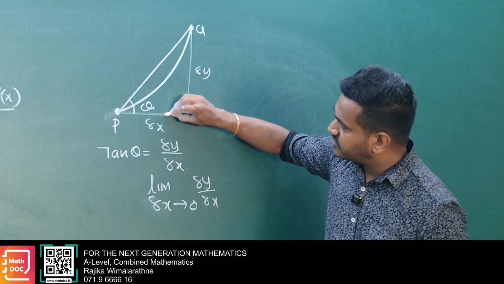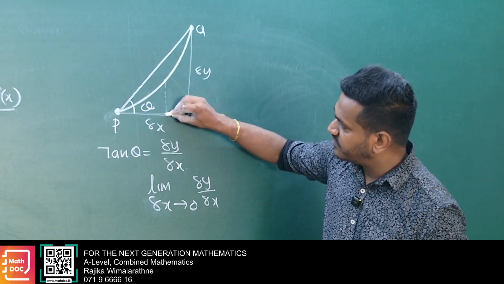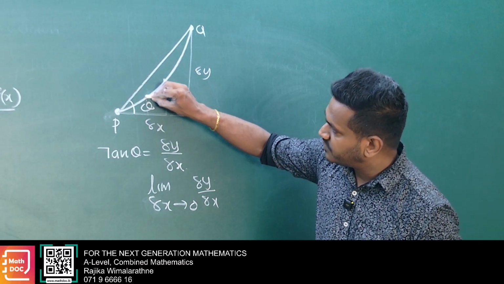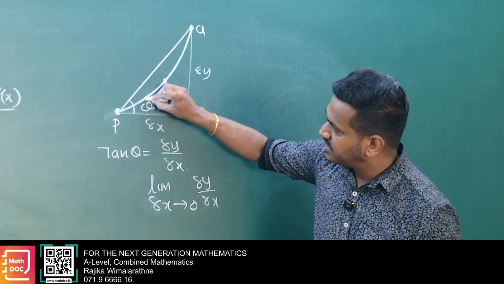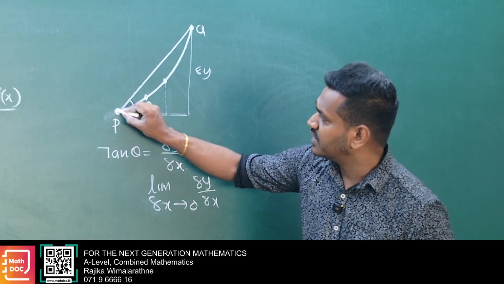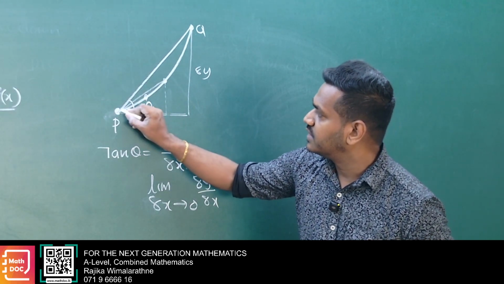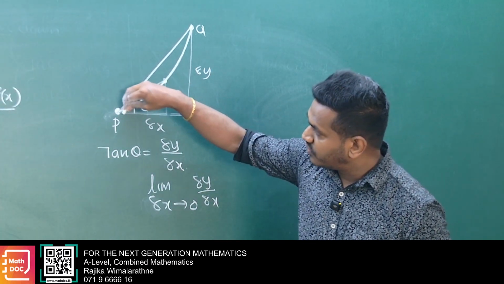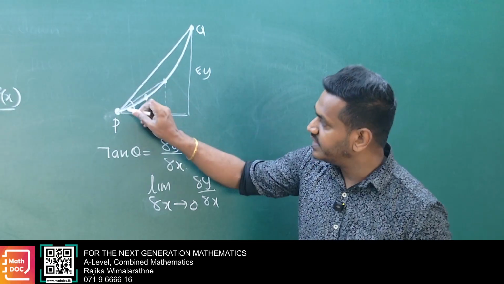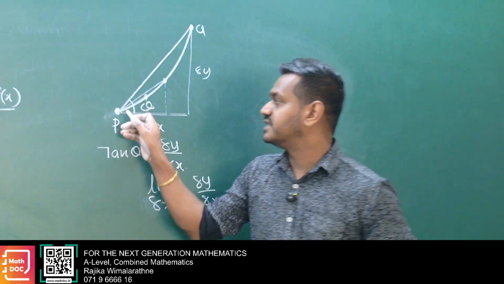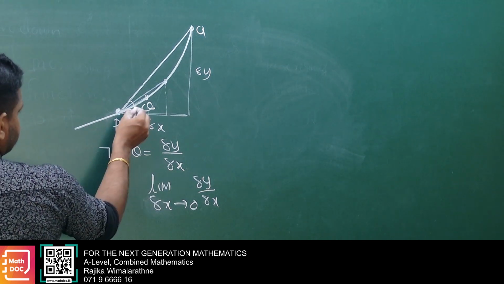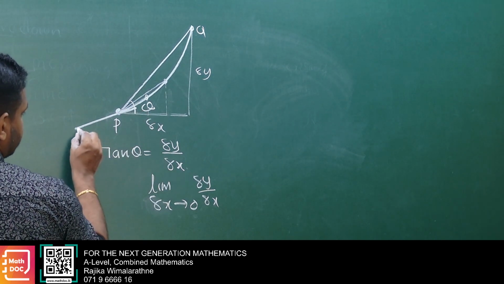If delta x is a small value, then point Q comes to here. Now, here is the chord PQ. When delta x goes to 0, it is so close to this point that we can't see the chord, we can see only the tangent here. So at delta x goes to 0 we see only the tangent.